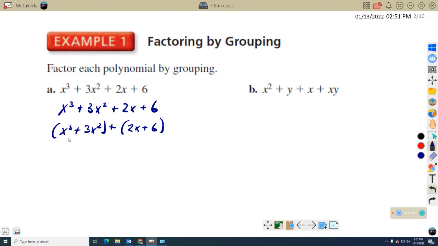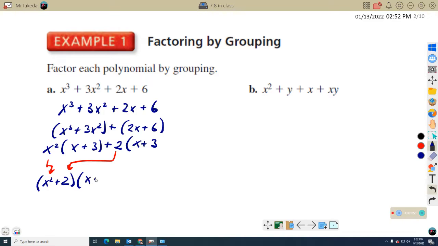these. So for example, in x cubed plus 3x squared, our common factor is x squared. And that's going to leave x plus 3. In the 2x plus 6 binomial, the common factor is 2. And that will also leave x plus 3. So we write our final factorization as these two, x squared plus 2 times the common factor of x plus 3.